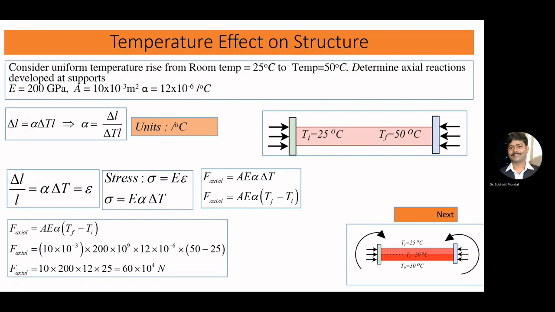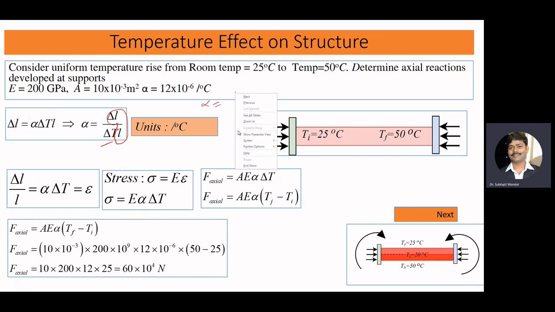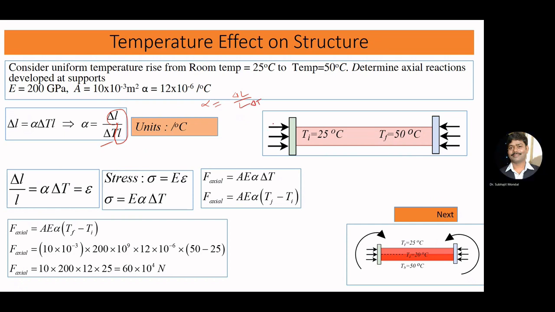In the last video, we learned that the coefficient of thermal expansion is the fractional change in length due to the change in temperature. So our coefficient of thermal expansion is delta L by L by delta T. The unit of the coefficient of thermal expansion is per degree Celsius.